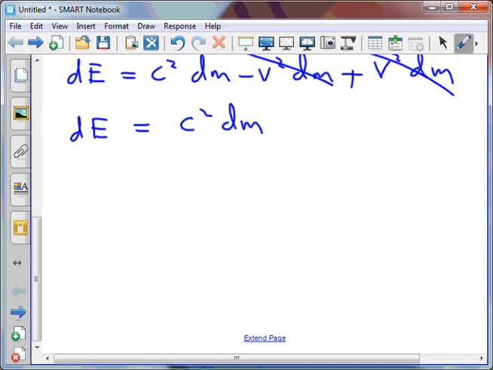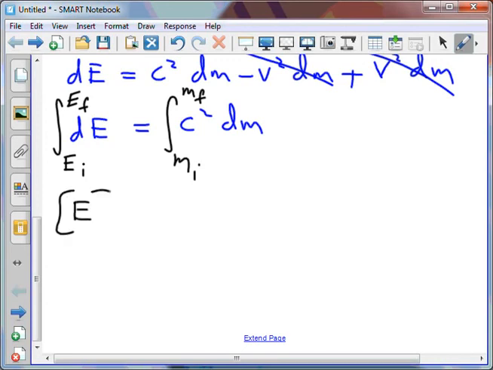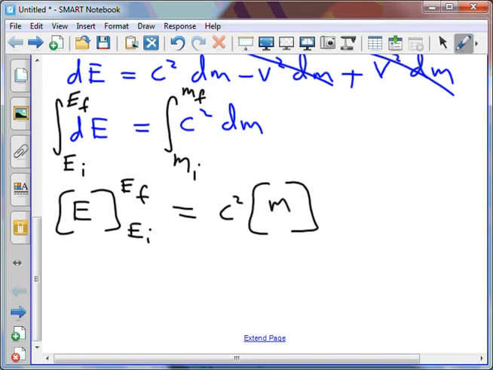Well, now I'll integrate both sides. E initial, E final, M initial, M final. And I'll end up with E final, E initial, integrating there with respect to M, keeping in mind that c² is a constant, M final, M initial.